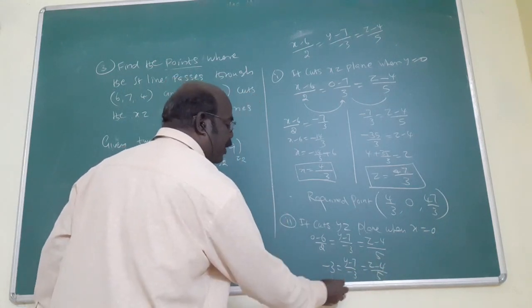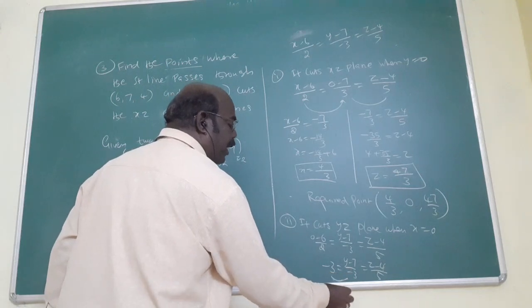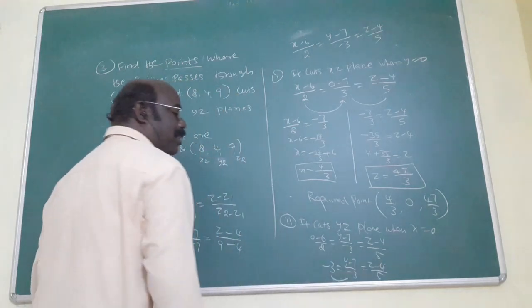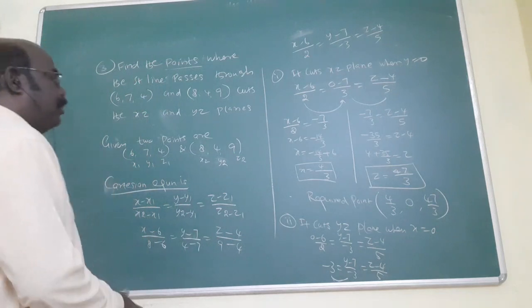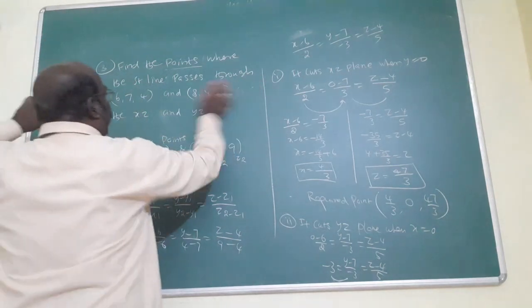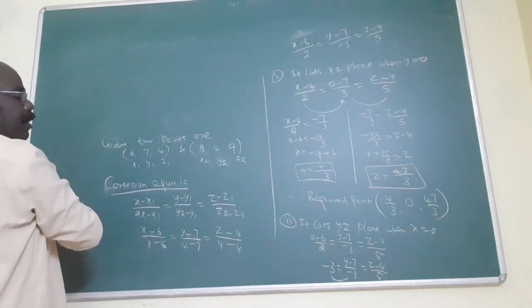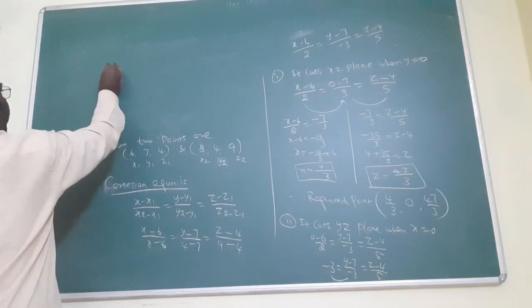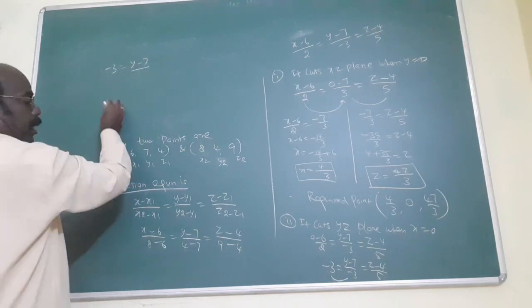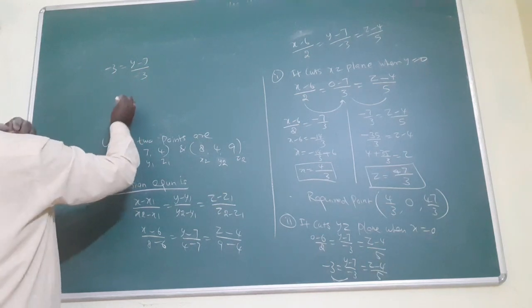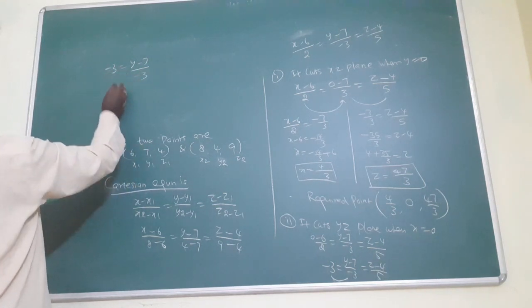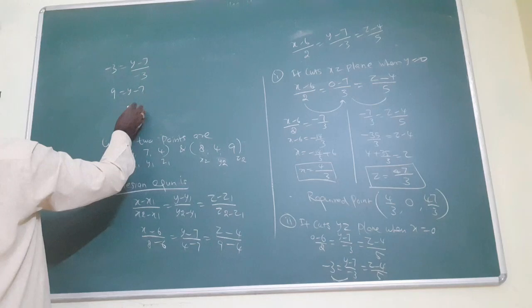Now we take first with second, next step first with the last. Then we get the y value and z value. Now equating first to the second: minus 3 equals (y minus 7) by minus 3. Cross multiply: minus 3 into minus 3, 9 equals y minus 7.